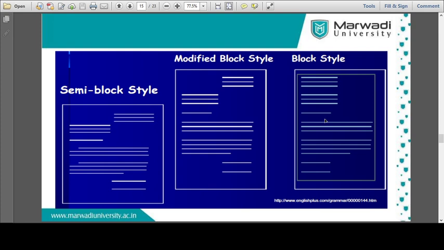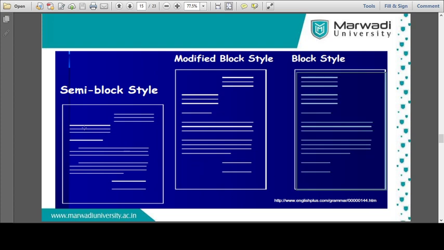First point. Second point is that as per the research and as per the present criteria, this style is very famous nowadays. And the third point is that it will be very easy to use. So generally, as per my point of view, you can use block style.